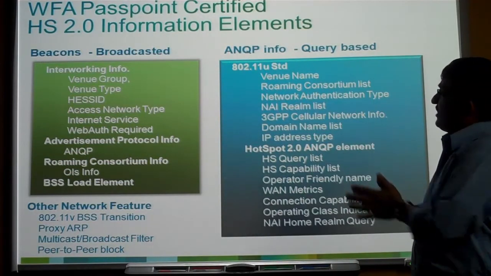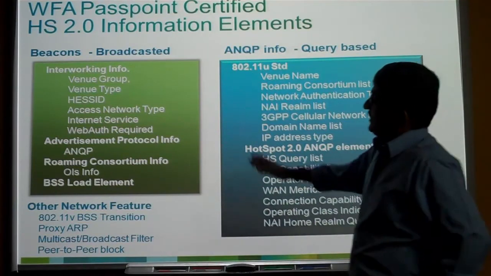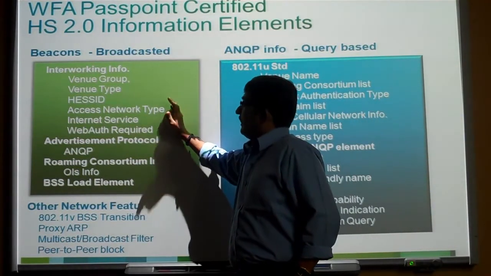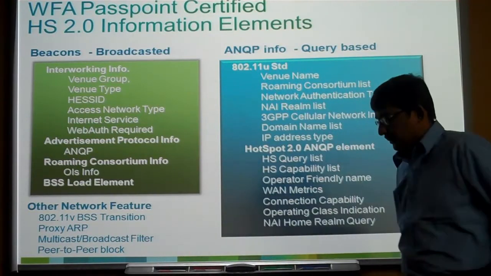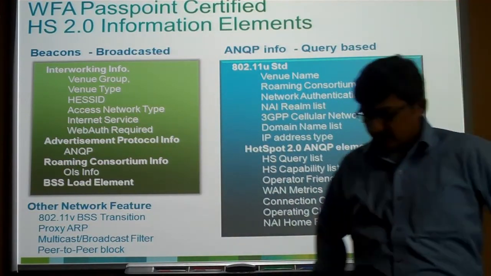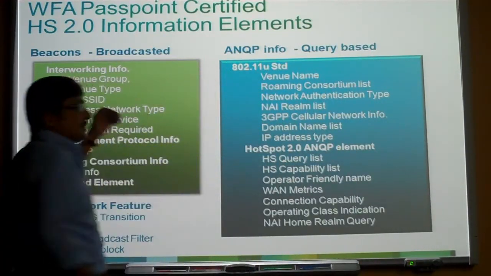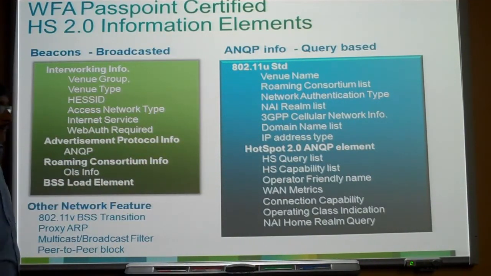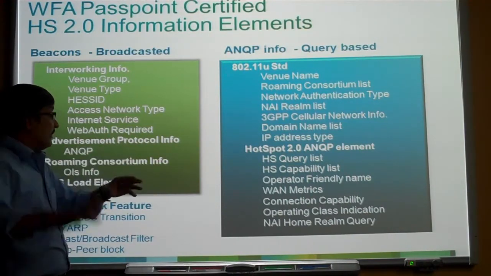Some useful information about Hotspot 2.0. These are the beacons that are broadcast. The following information is available to the handsets, smart devices. When you group typical service provider kind of information, it is given over the air.